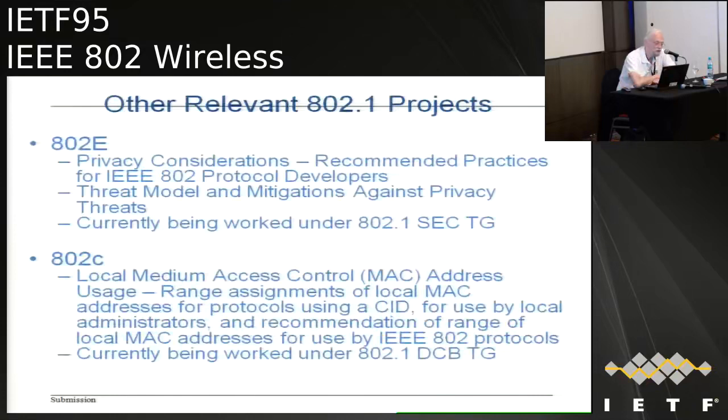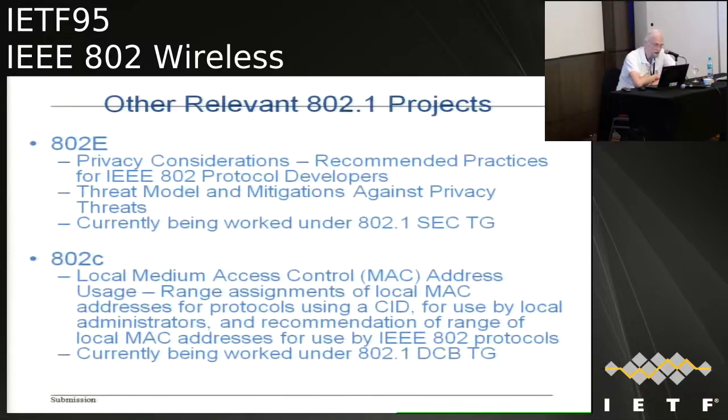A couple of other projects under 802.1. This 802E privacy considerations is also a subject of interest between IEEE and IETF coordination. There's been work done in 802E to try to figure out how to enhance the ability to not allow for trackable MAC addresses, and to identify the threat models and how you can mitigate those threats.